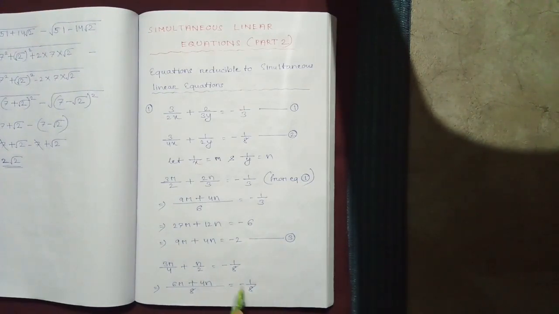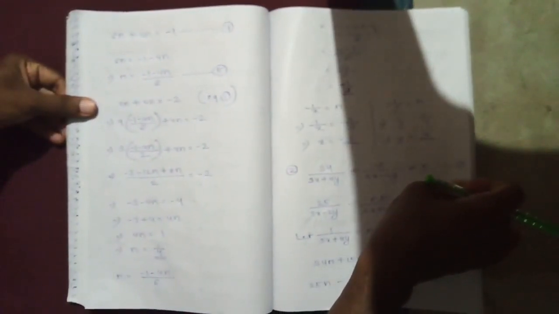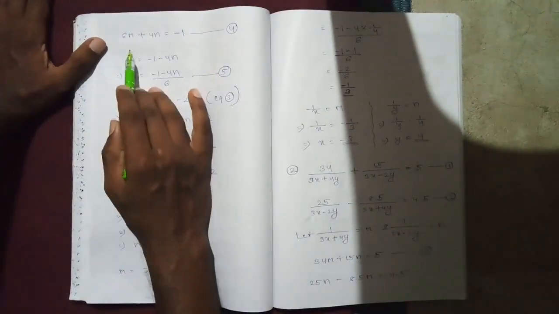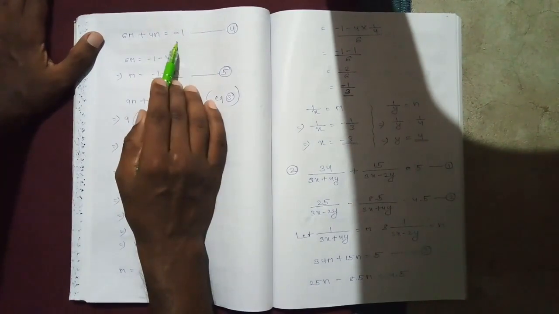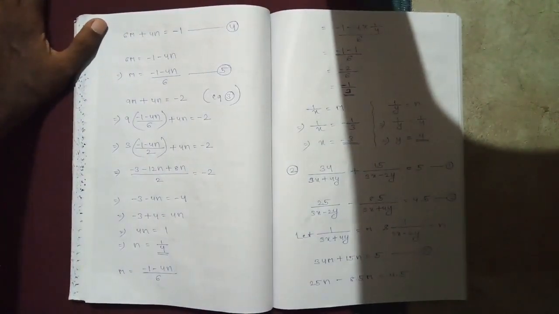So ultimately we will get 6m plus 4n is equal to minus 1, which is equation 4. After getting equation 4, forget equation 2. So 1 and 2 you have to forget. Now focus on 3 and 4 only.